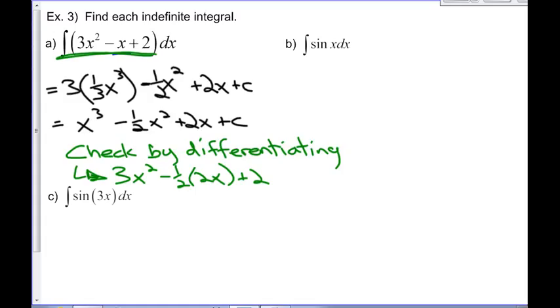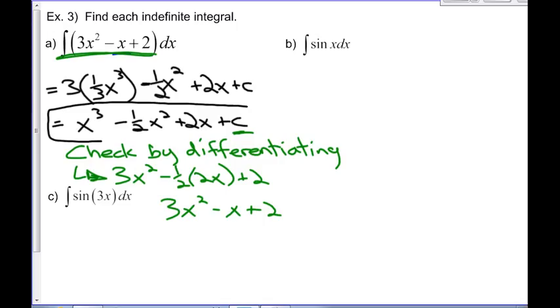And of course, the derivative of the constant is 0. So that's 3x squared minus x plus 2. Is that what we started with? Yes. We're feeling pretty good here. We must have done it properly. We should note that this is the actual answer. Everything in green, that was just a check.